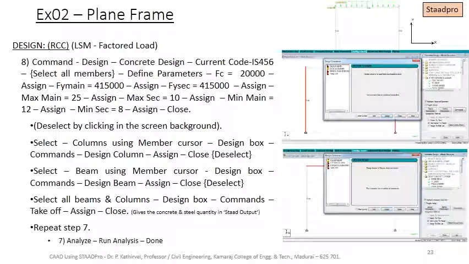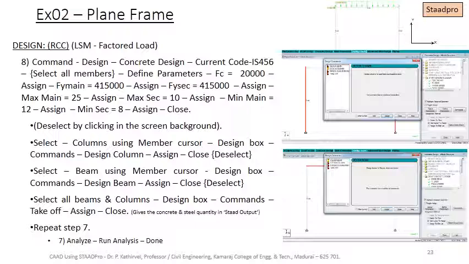Assign. The maximum and minimum bars for main and secondary reinforcement can be given. Click assign, close. Now deselect by clicking in the screen background. Now you can select both the column members using the beam cursor. Go to the design box, in the commands button, click design column, assign, close, deselect.